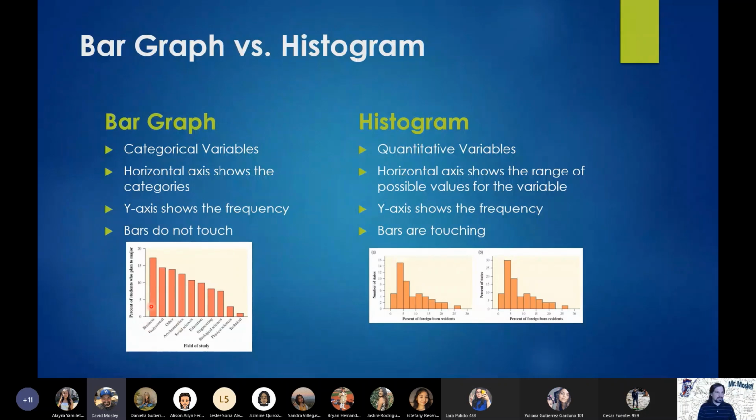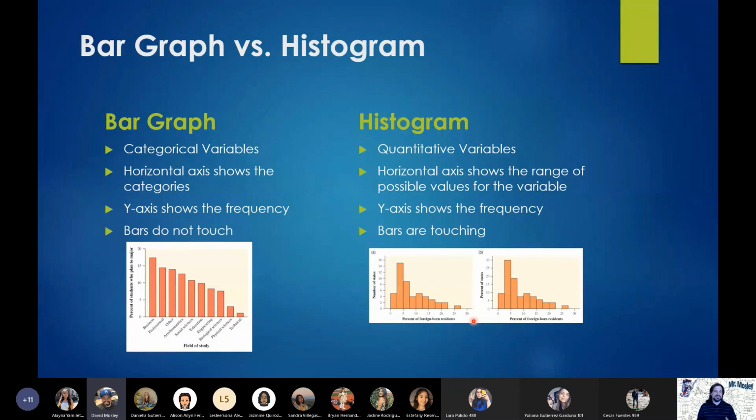A histogram shows the range of possible values for the variable that we've measured. On the two graphs at the bottom, I know they're small, but there are values there. We have numbers along the bottom, like a traditional number line x-axis, where we start with a number and go through to the next number.